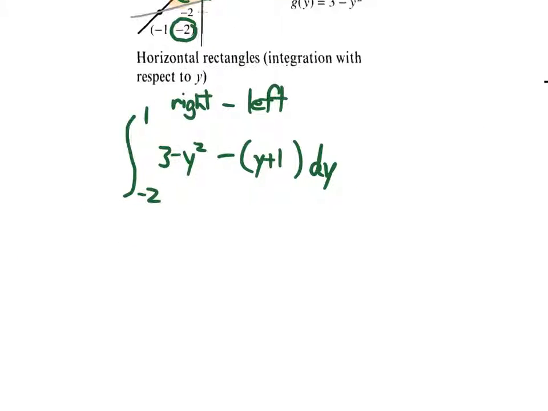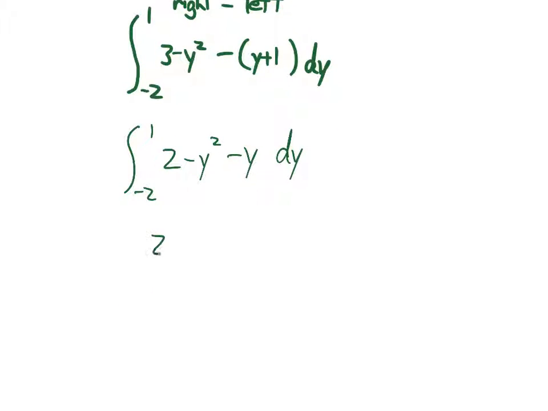Let's just finish this one out, just so we can get the hang of dealing with it with y's. We have the integral from -2 to 1 of 3 minus 1 is 2 minus y squared minus y dy. So 2y minus y cubed over 3 minus y squared over 2 evaluated from -2 to 1.